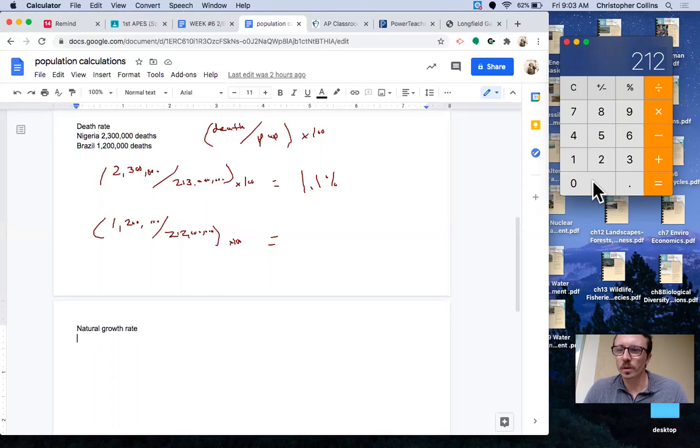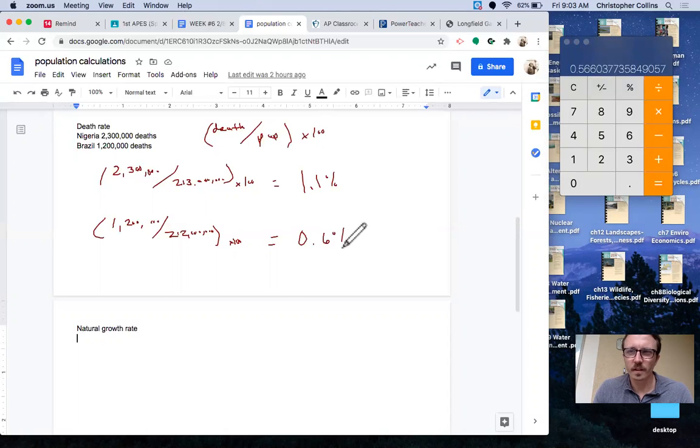And 212 million. Okay, there we go. And multiply by 100. Okay, I did do that right. And it looks like we got a percent of 0.6 would be the death rate in this country. So, half that of Nigeria.